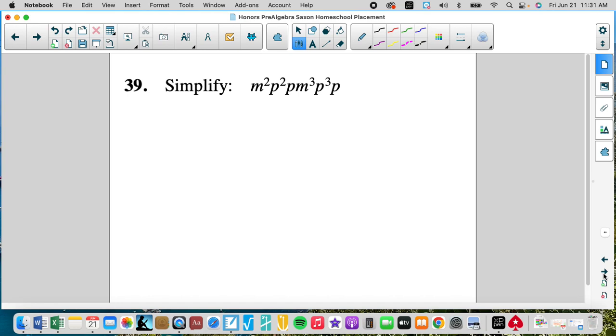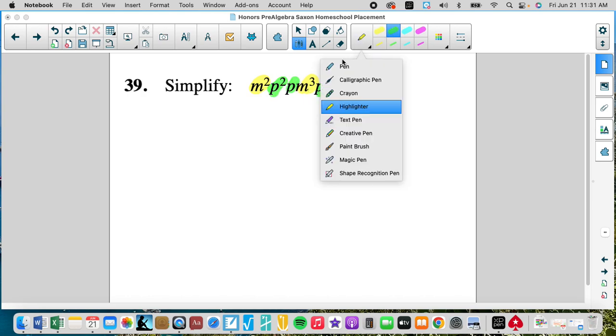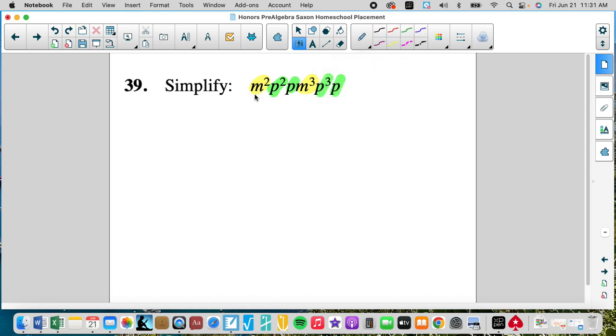Let's simplify. We have like variables. We're going to combine the m's with the m's. We're going to combine the p's with the p's. And when we multiply like bases, we add their exponents. So that's 2 plus 3.